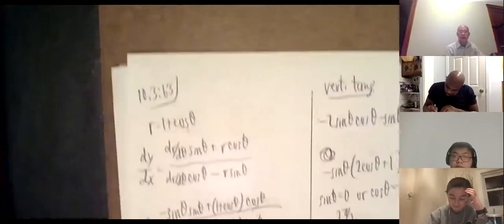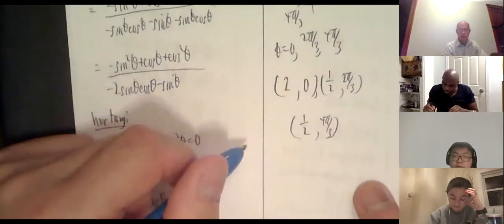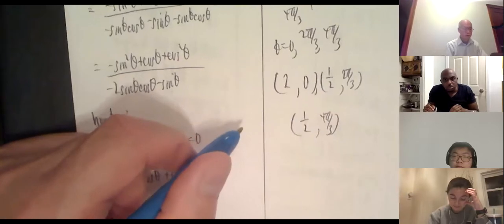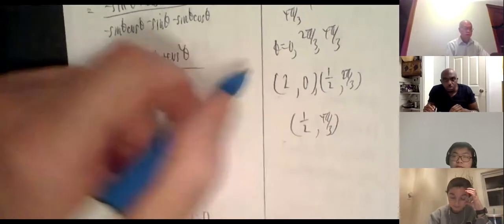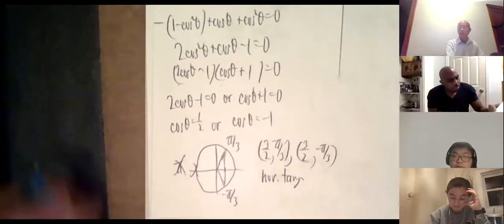So negative 1/2 plus 1 is 1/2. All right, so that's what I'm going with for vertical tangents. So vertical tangents, and horizontal tangents are these two, looks like.